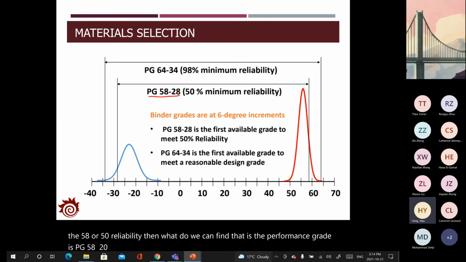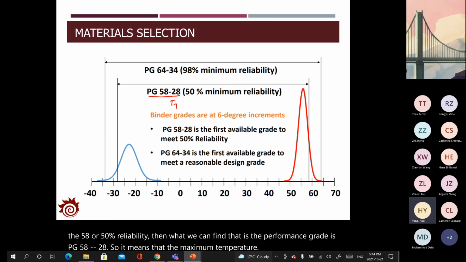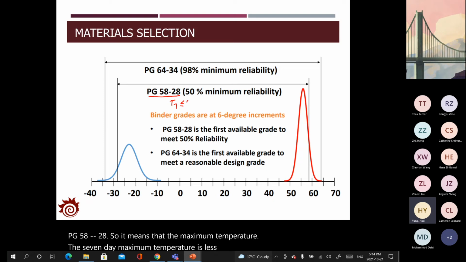So it means that the 7-day maximum temperature is less than 58 degree, and the minimum temperature is higher than minus 28 for the 50% interval.